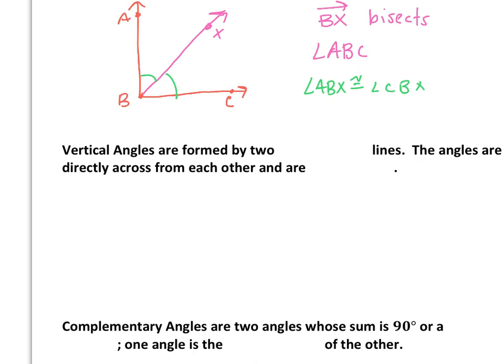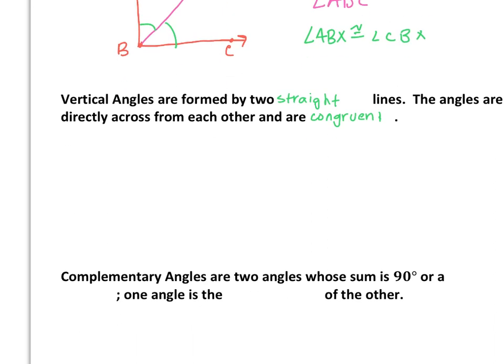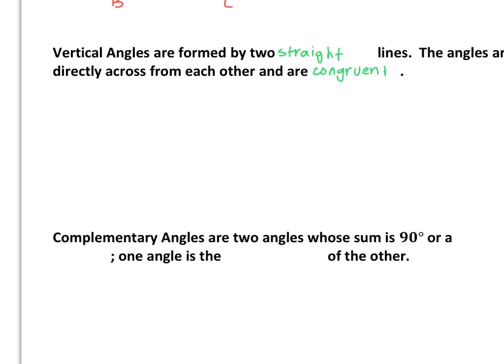Vertical angles are formed by two straight lines. The angles are directly across from each other, and vertical angles are congruent. Okay, so let's see. Two straight lines, make these as straight as I can.